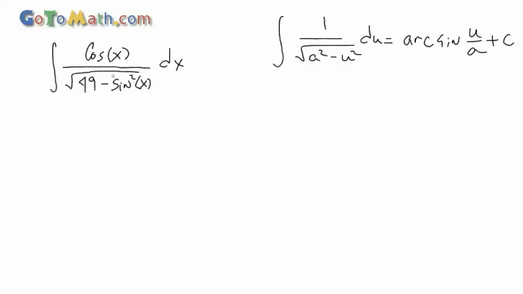Alright, somehow we need to get it to look like this, and we know that if we took the derivative of sine x, we'd get cosine x, so there's probably a clue there. Even though I'm going to rewrite this: 49, we know that 7 squared is 49, so that's nice.